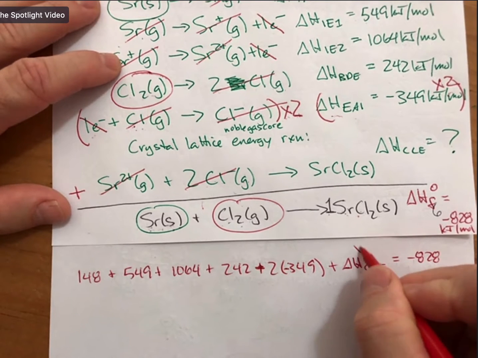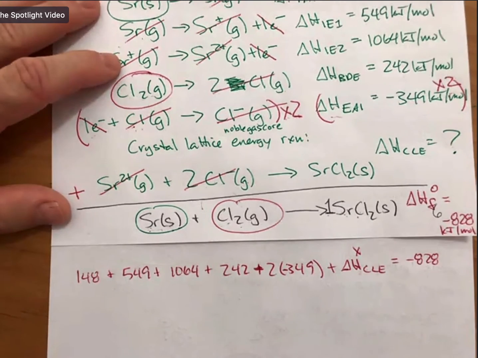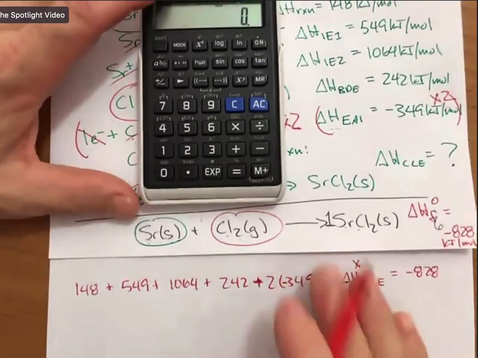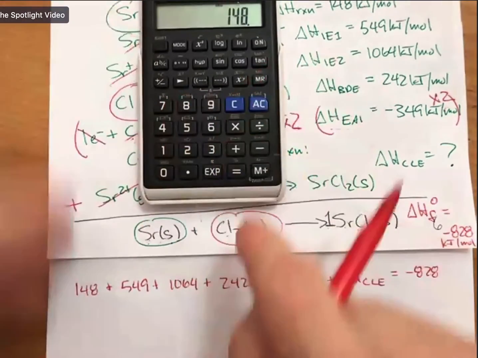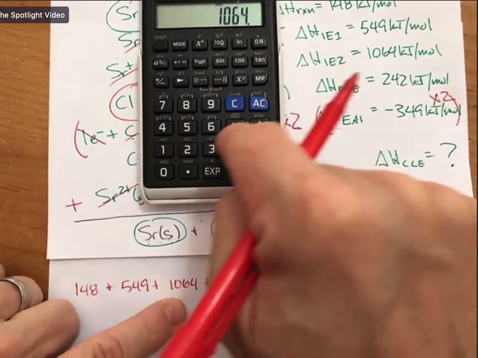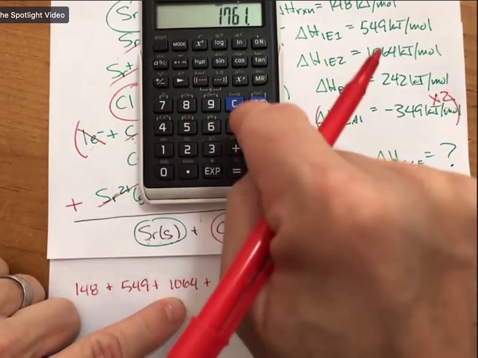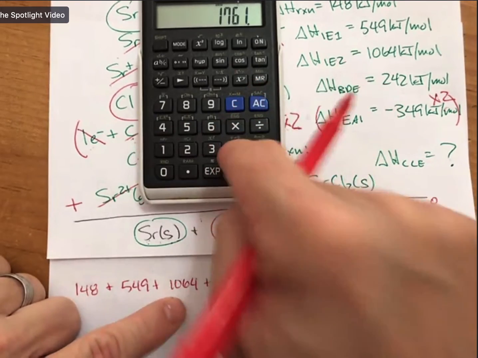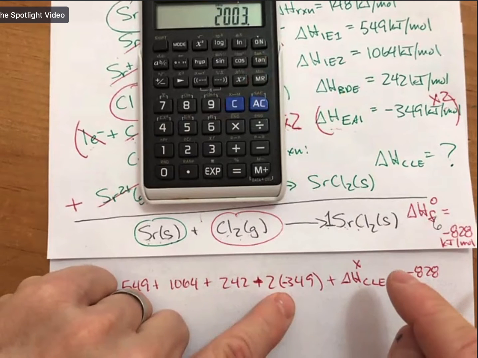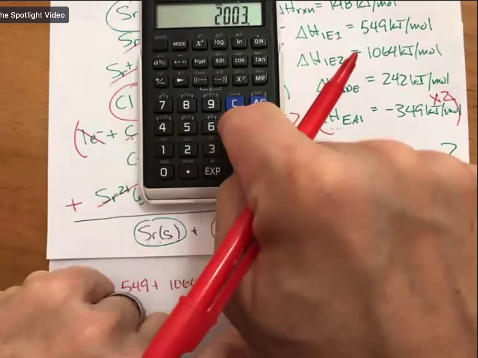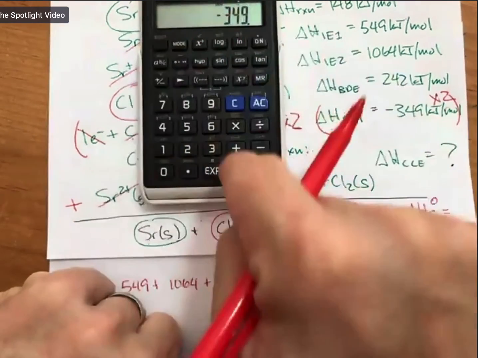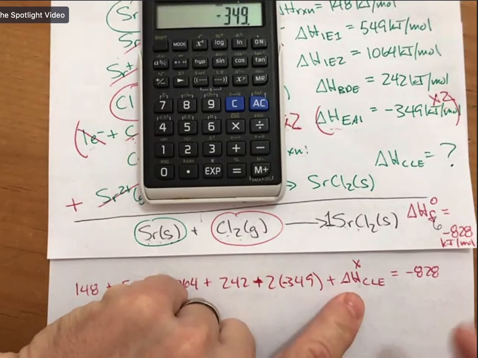And it's all algebra. It's actually hardly even algebra now. It's going to be 148 plus 549 plus 1064, times 1, plus 242 plus 2 times minus 349, equals.